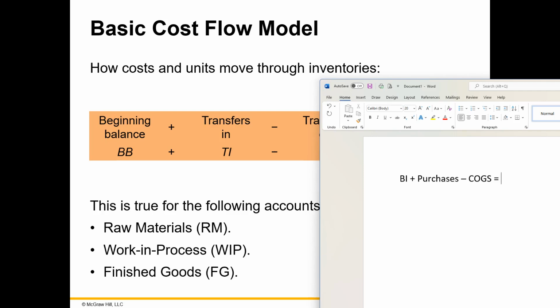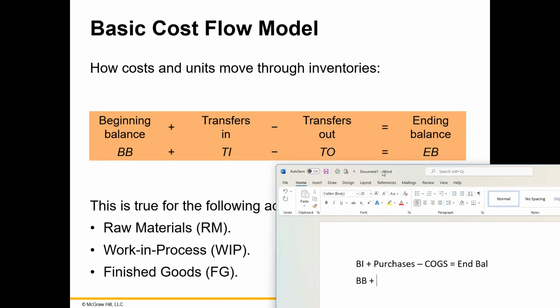And so that's the same thing that we have here with just slightly different terminology. We have beginning balance plus transfers in minus transfers out equals ending balance. So it's the same formula, but with slightly different terminology and a slightly different application.